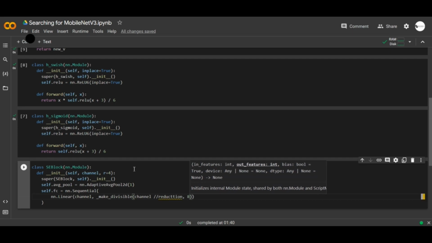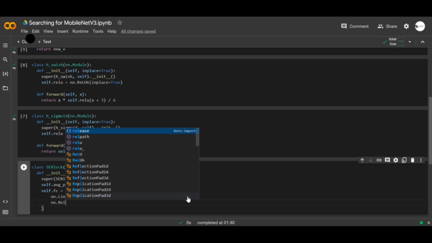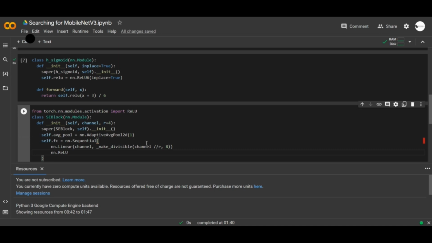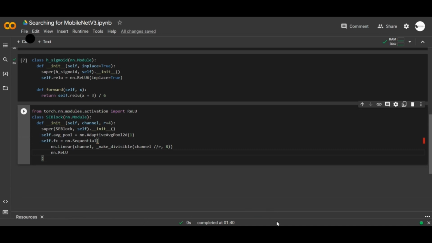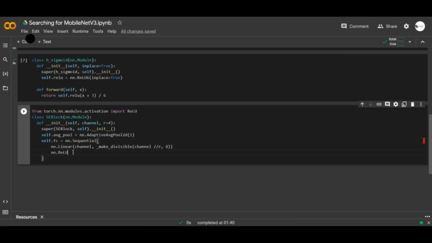This is going to be R. The next thing is going to be nn dot ReLU. They did not say they're using ReLU 6, right? Let's go to the paper. They just said ReLU here in the diagram. So it's going to be ReLU, with inplace equals true.